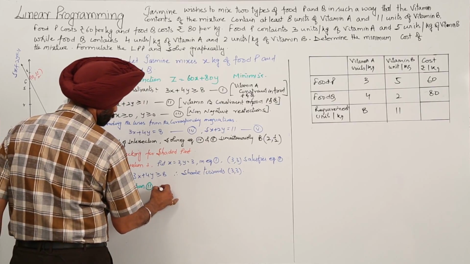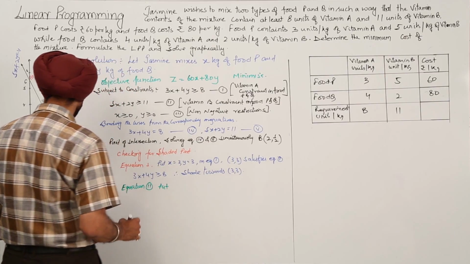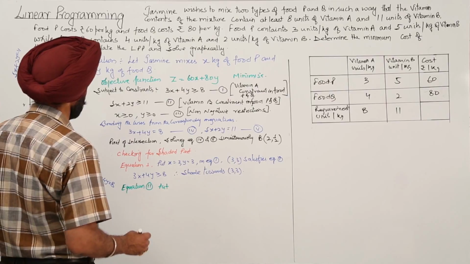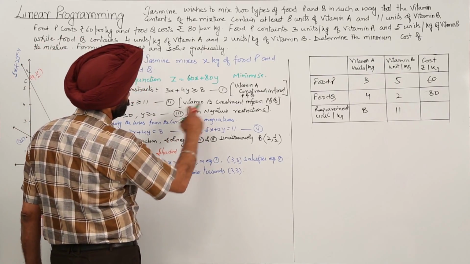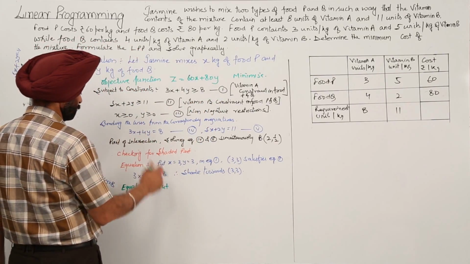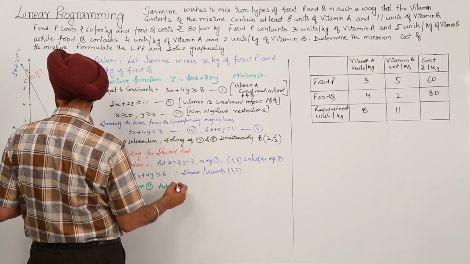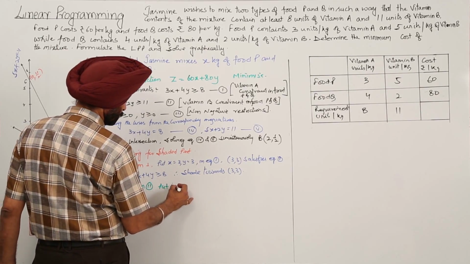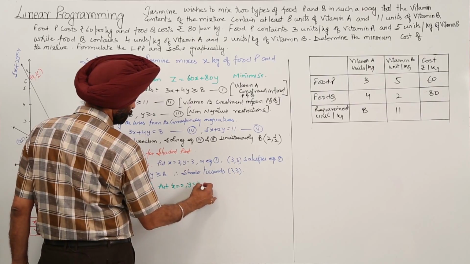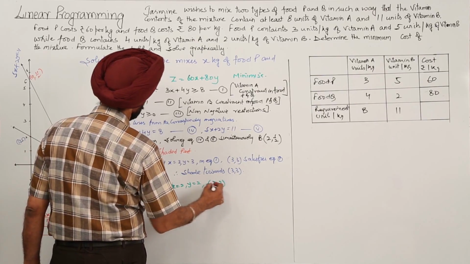Now equation 2. For equation 2, again take the same points, put x is equal to 2, y is equal to 2, 2 comma 2.